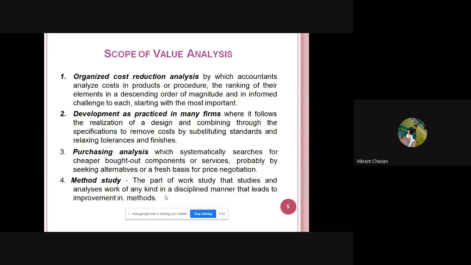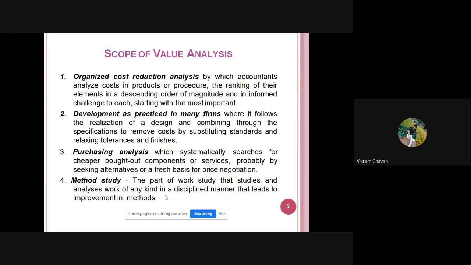Then it will help to build up teamwork, and it will provide a new vision to the workers working in the industries, or all the employees concerned with this particular process. Then it will be helpful for purchasing analysis.